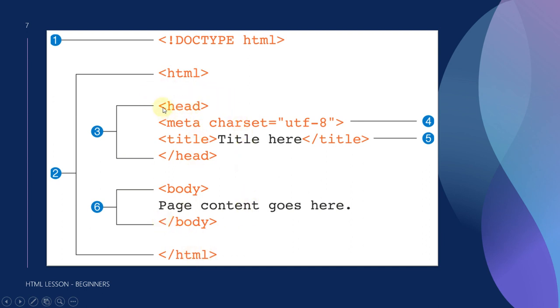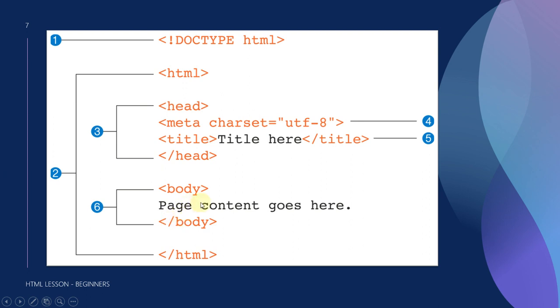You can see there is a head tag, which contains information about your web page, taking into consideration the title and the meta tags, which give a lot of descriptions about your website. After the head tag is your body tag.